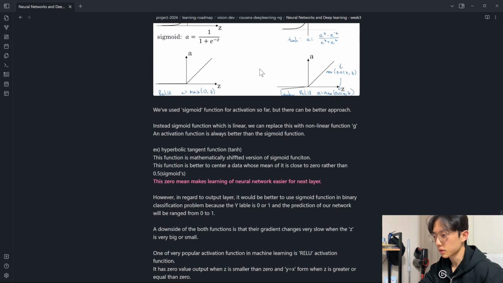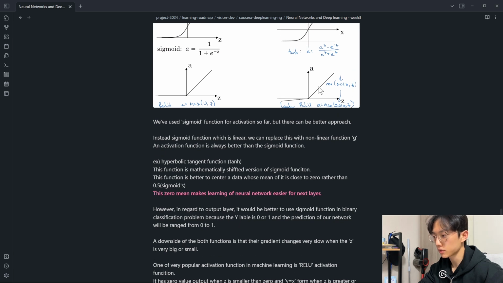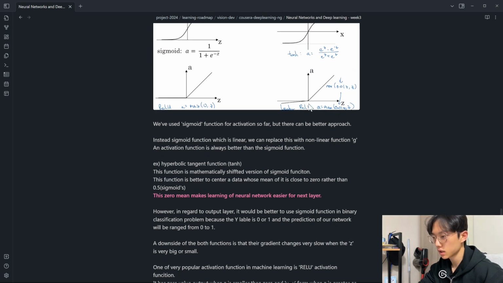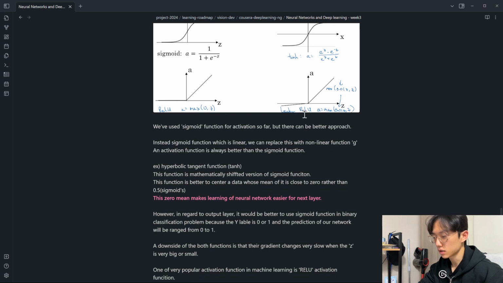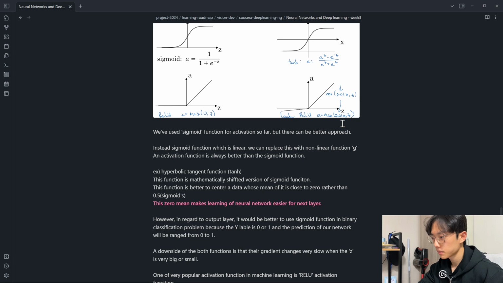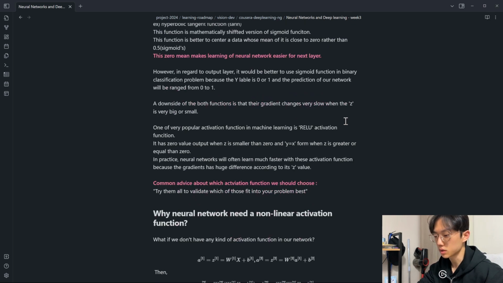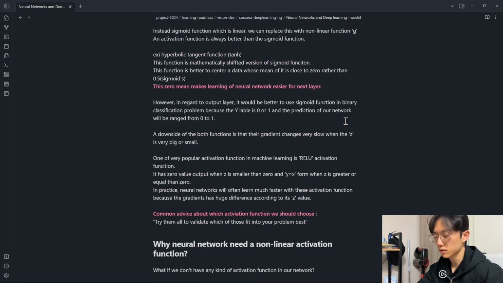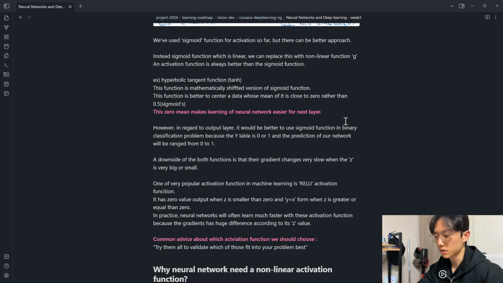There is also a varied form of the ReLU function called leaky ReLU, and it has a slight gradient when g is smaller than 0, unlike the ReLU function, which is just 0.